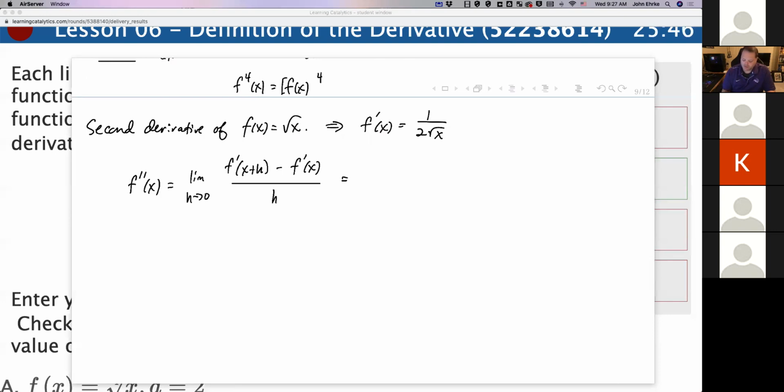So here is f prime, and it's going to go right there into my formula. But the other piece of the formula I need to know is f prime at x plus h. So I'll come over here to the side. F prime at x plus h would be 1 over 2 square root x plus h.